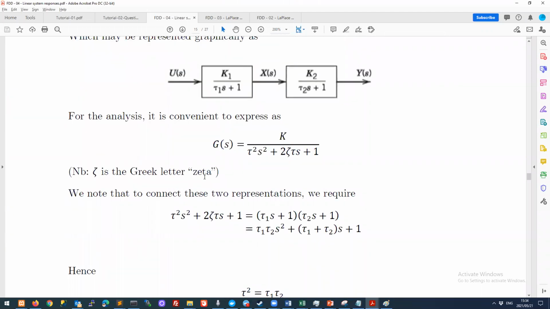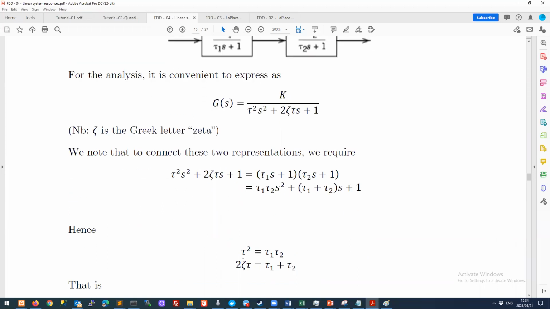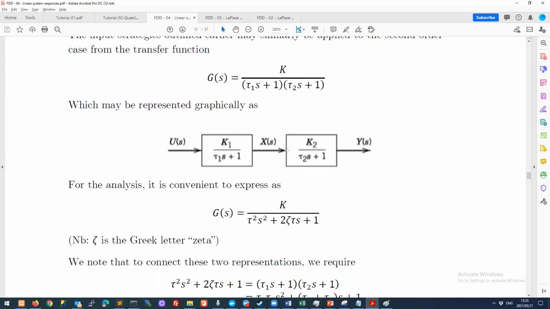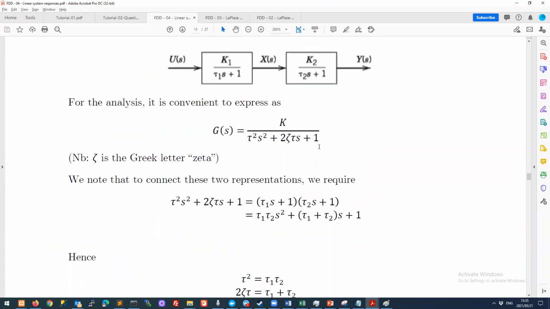You've got these zetas here. That's just because instead of trying to work in terms of tau 1 and tau 2, we actually propose the creation of a new variable called tau. And so we define it such that tau squared equals tau 1 tau 2. So if you like the square root of this product, it's a kind of average time constant across the two. And then you also introduce a zeta here. So zeta is defined such that the equation fits this form.